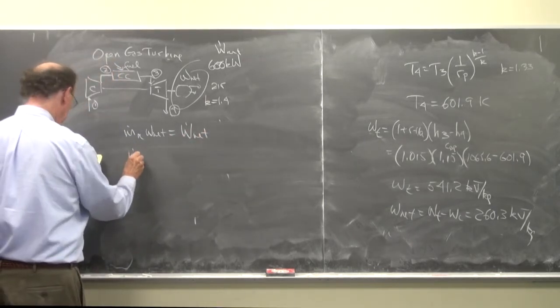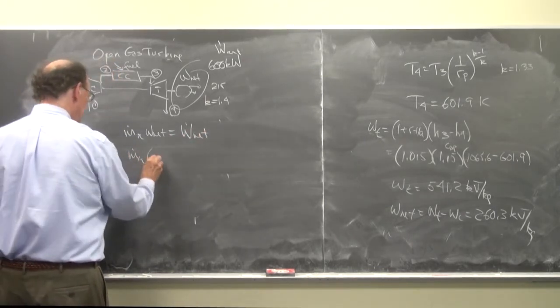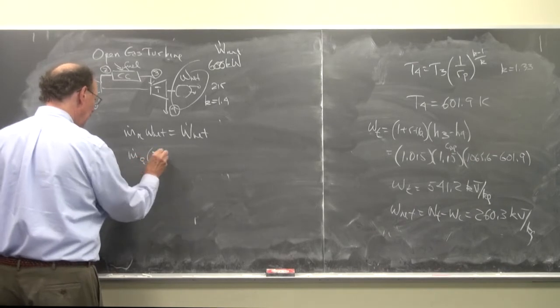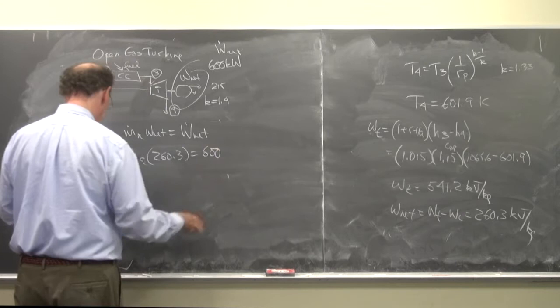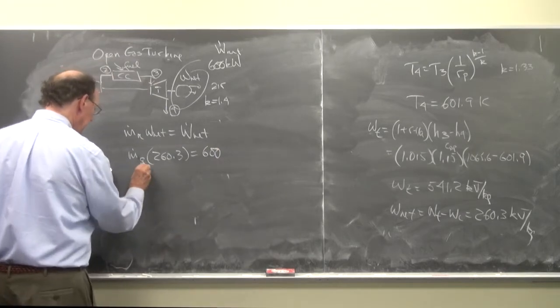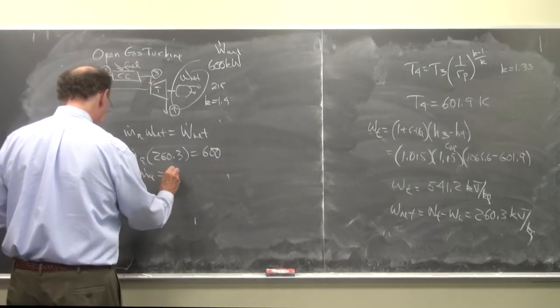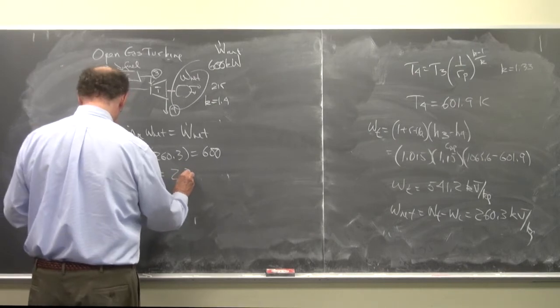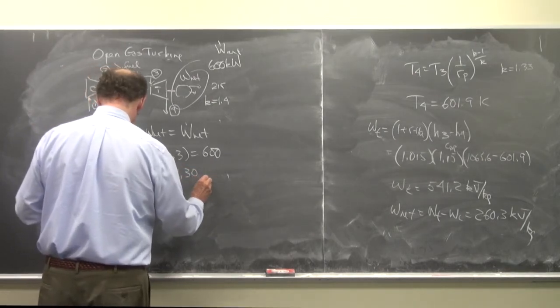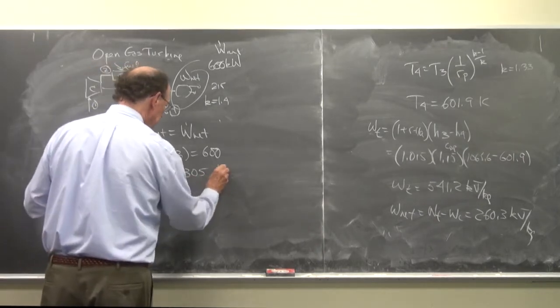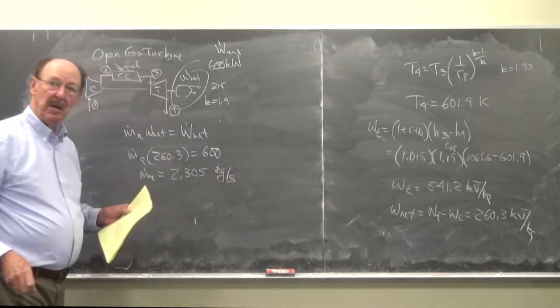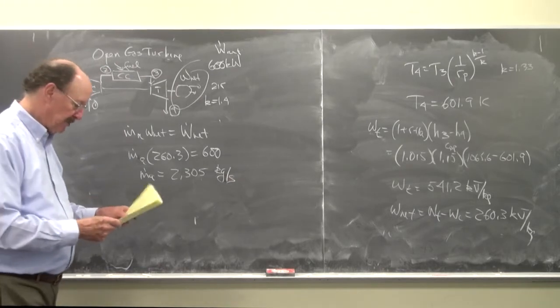So M dot A times 260.3 is equal to 600, or M dot A is equal to 2.305 kilograms per second. Sometimes my writing and talking interferes with my tongue.